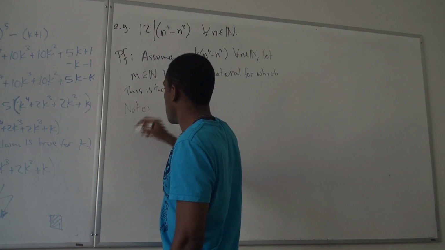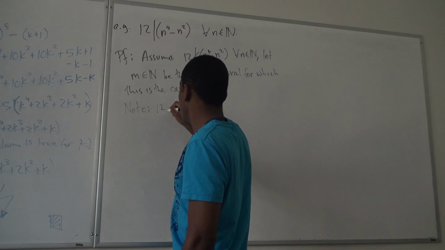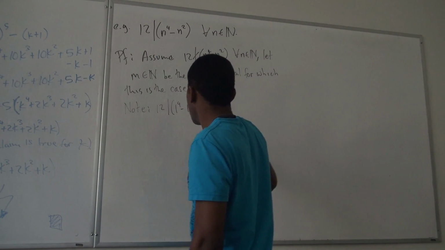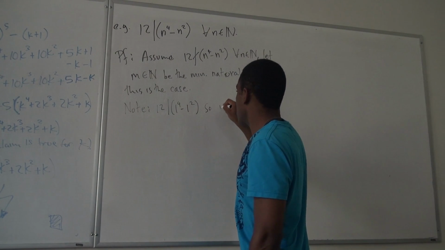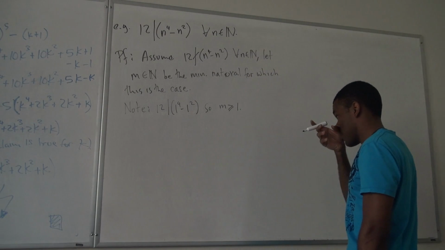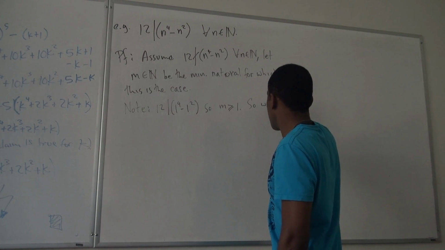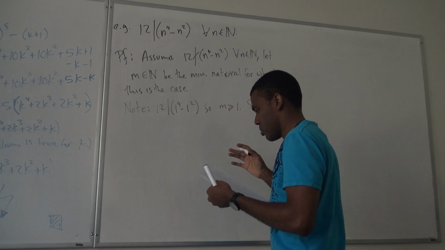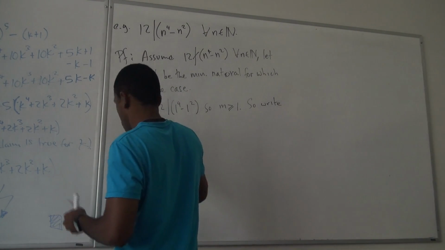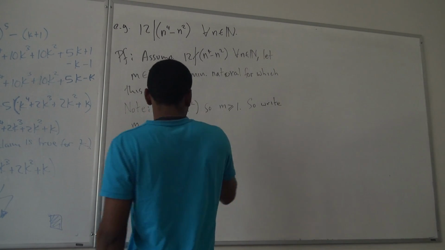Then let's do something similar. So let's verify for a couple of them. 12 actually divides 1 to the 4th minus 1 squared. So we know that m is at least 1. I want to actually go through the trial and error.